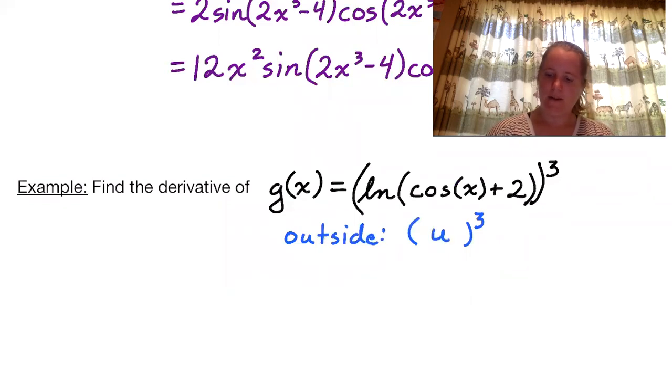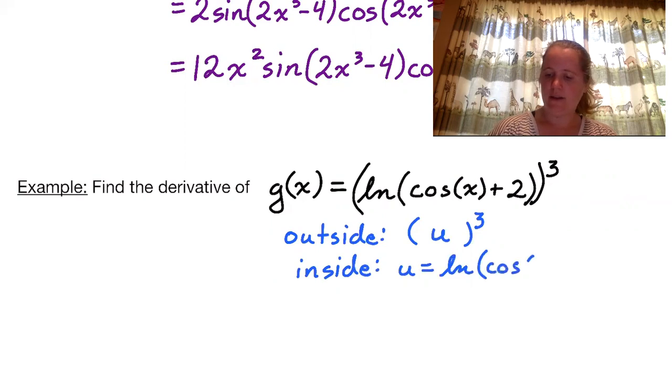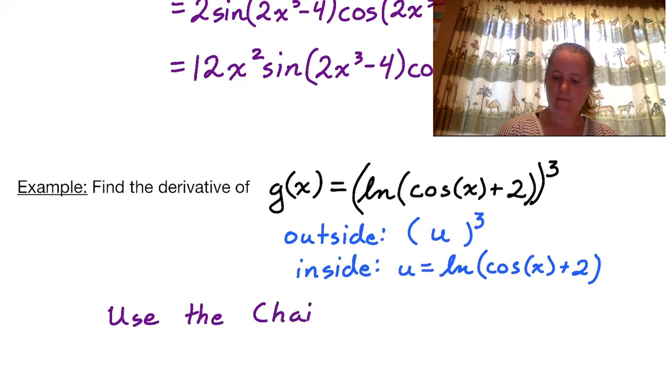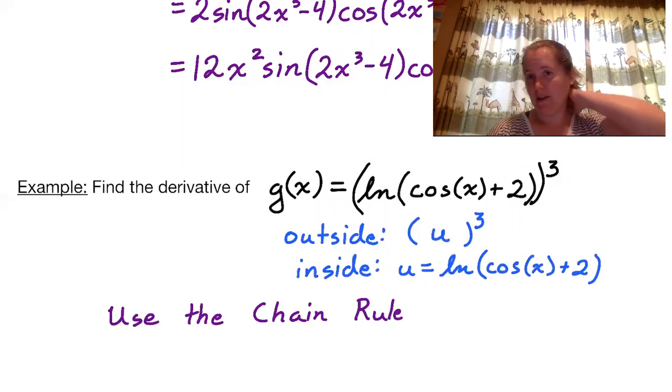We'll go ahead and name that u, and our inside would be u is equal to the natural log of cosine of x plus 2. So we are going to go ahead and use the chain rule. If you wanted to, we could always take that shortcut of the generalized power rule.